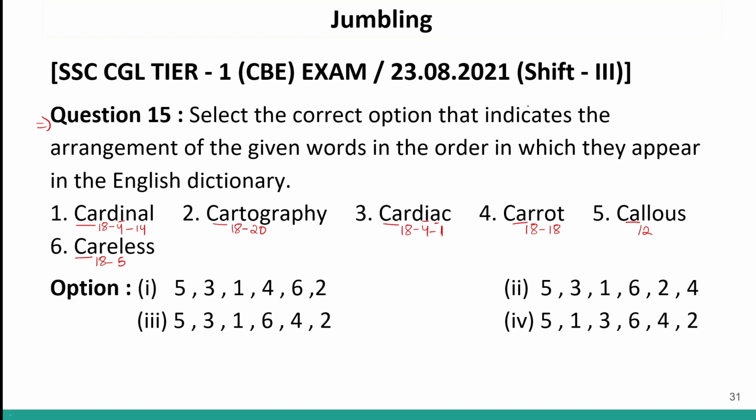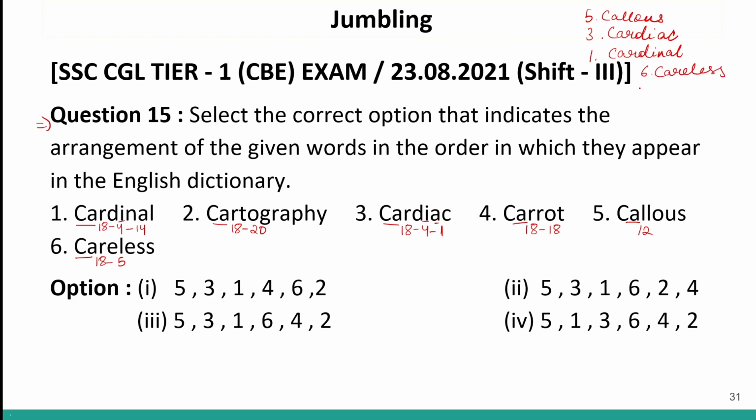The first word for us will be callous. Okay. After this, we will have cardiac. After this, we will have cardinal. After this, we will have careless.